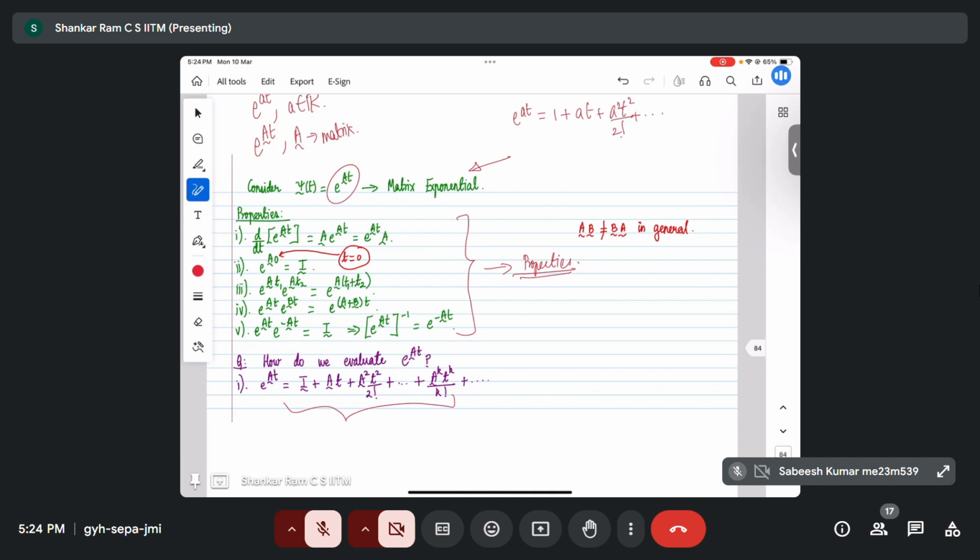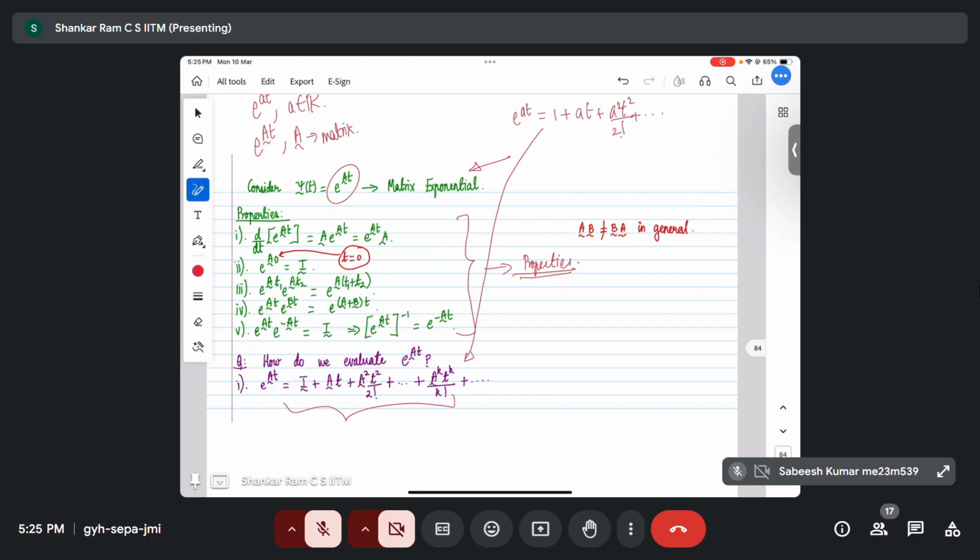Similarly, e power capital At, the matrix exponential, we can expand using the same formula, but instead of small a, we substitute capital A, the state matrix. We need to learn all this theory so that finally we can come to the physical problems using the state space representation and start applying this. I hope broadly the matrix exponential is clear.